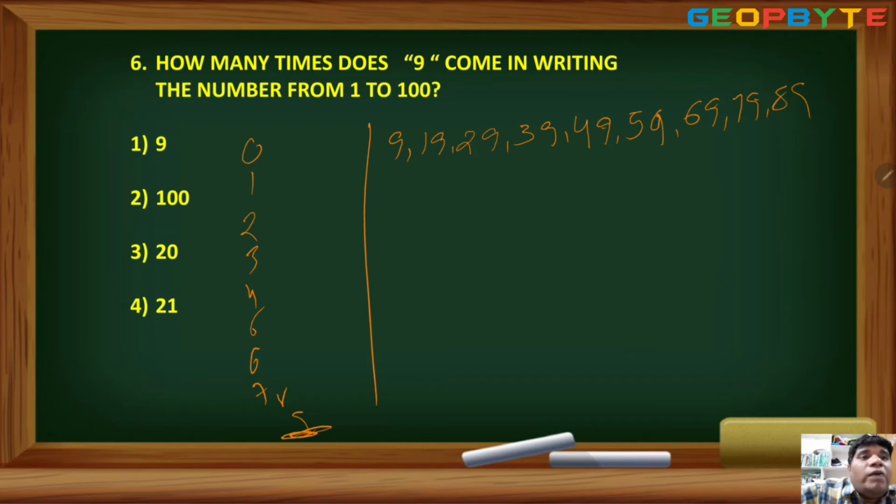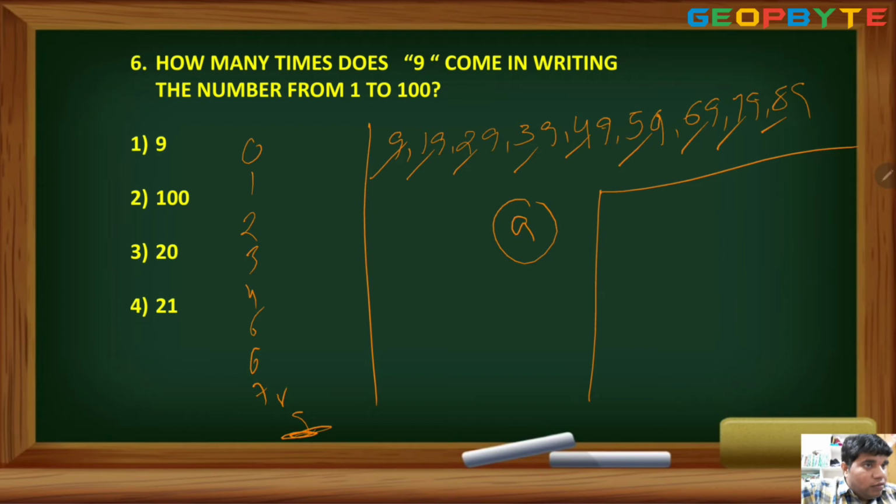How many times does 9 come in writing the numbers from 1 to 100? So 1, 2, 3, 4, 5, 6, 7, 8, 9. Up to now 9. After that 90, 91, 92, 93, 94, 95, 96, 97, 98, 99.